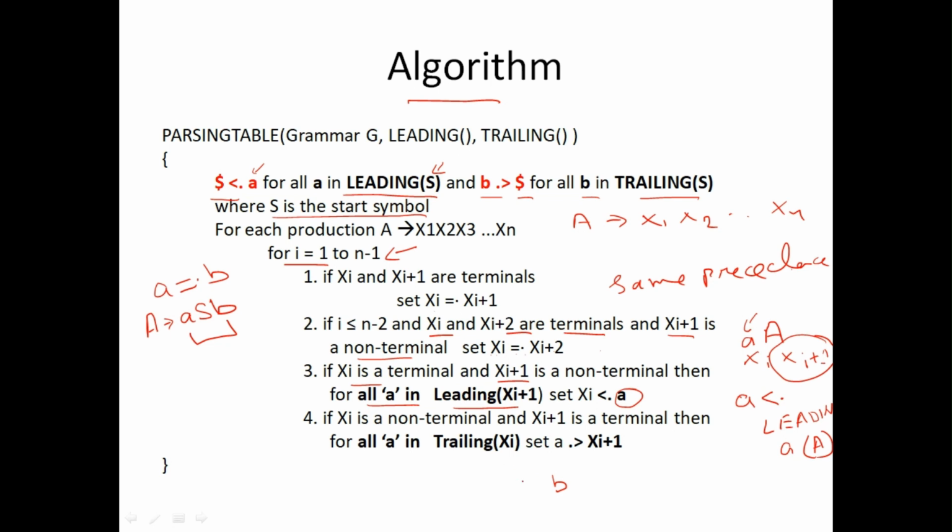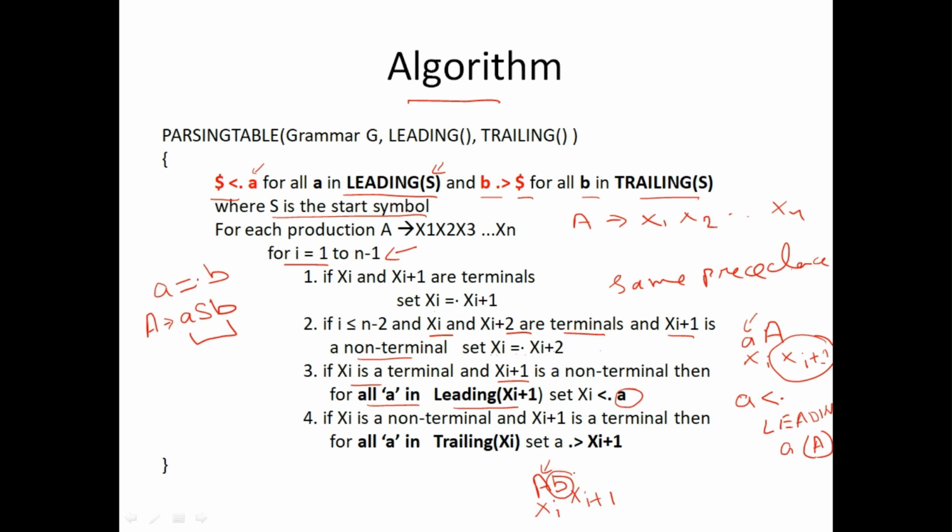Fine. Next, if xi is a non-terminal, suppose like this, you are having A, B. Then xi and xi plus 1. So xi is a non-terminal and xi plus 1 is a terminal.